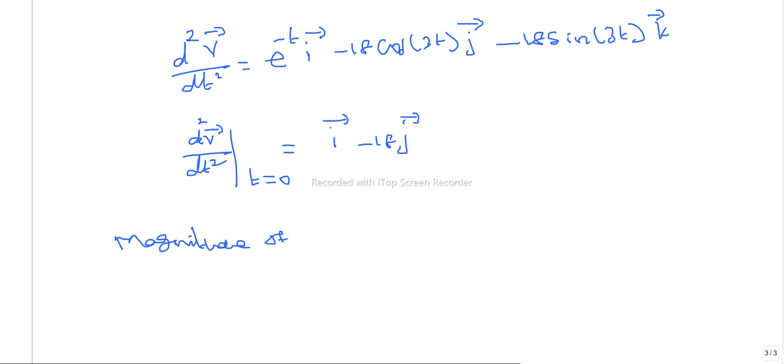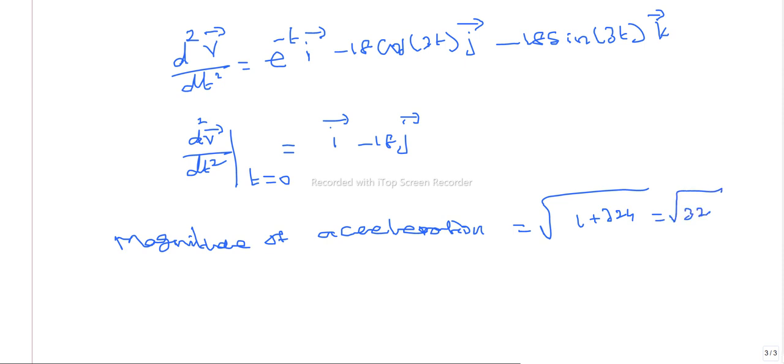The magnitude of acceleration at time t equal to 0 is the square root of 1 square plus 18 square. What is 18 square? I think 324. So therefore the square root of 325. If you simplify this, we can write 25 times 13, therefore 5 times square root of 13. This is the magnitude of acceleration.